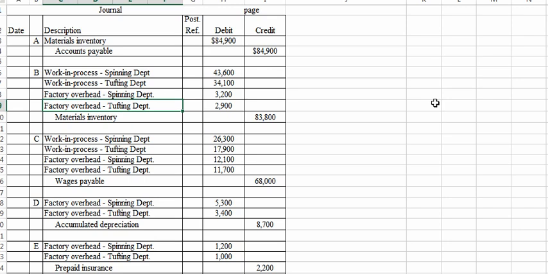Any of those costs were included here, and that's an actual cost. Here it's indirect labor, again an actual cost. Up here indirect materials, here indirect labor. Here's our actual depreciation cost by department for the month and insurance.